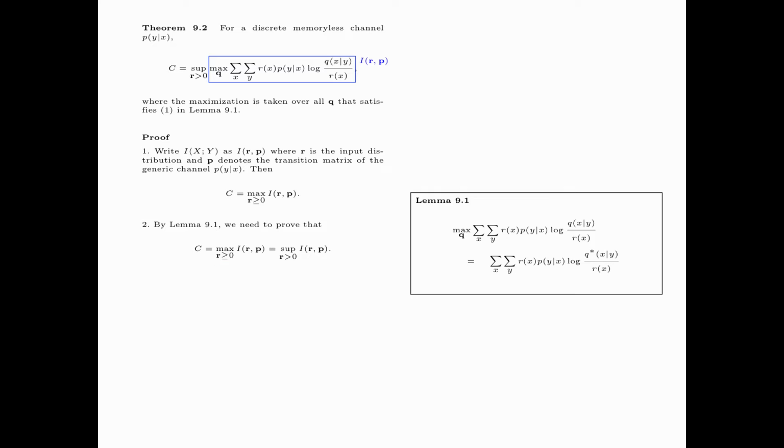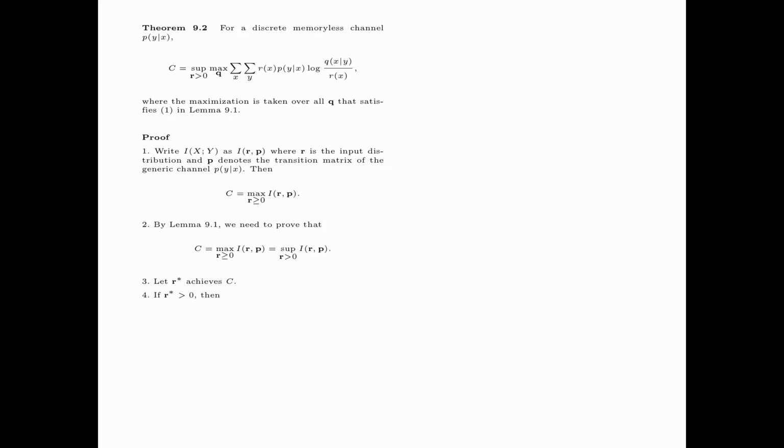Therefore, we need to prove that the maximum of I(R,P) over all R is equal to the supremum of I(R,P) over all strictly positive R. That is, the maximum over all input distributions can be replaced by the supremum over all strictly positive input distributions. Let R star achieve the above maximization.